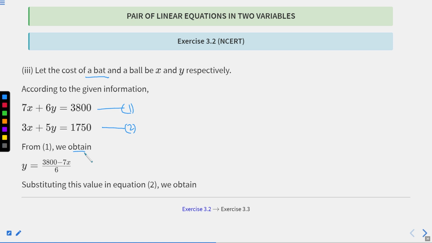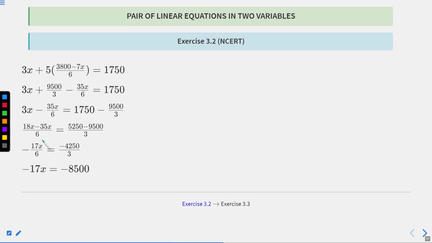Now substituting this value in equation 2, we obtain 3x plus 5 times (3800 minus 7x) by 6 equals 1750.